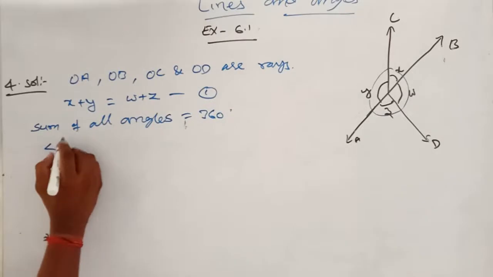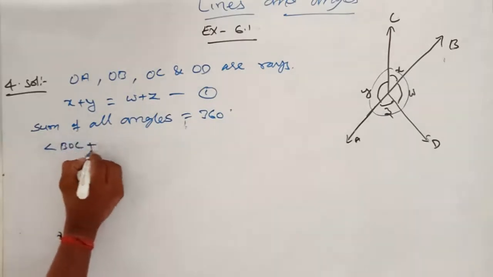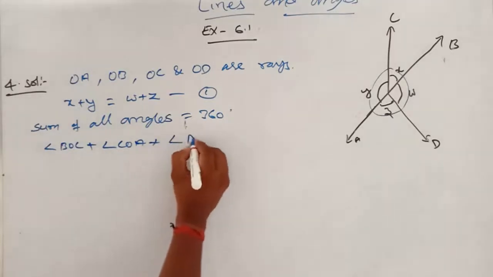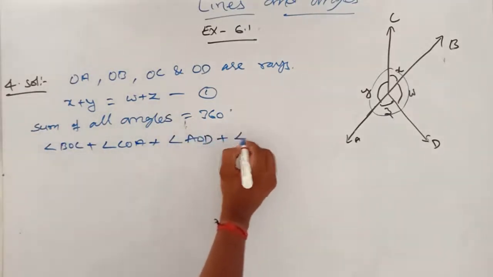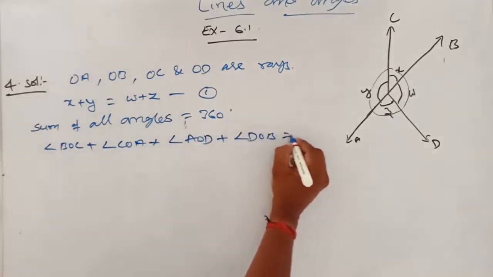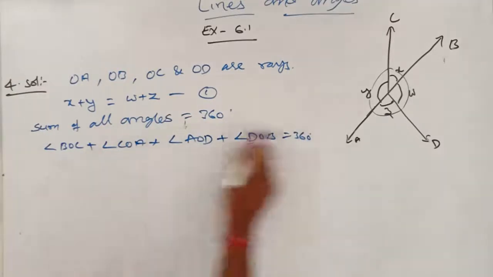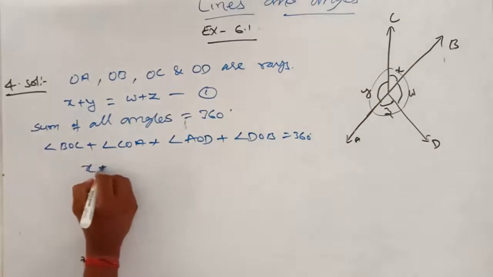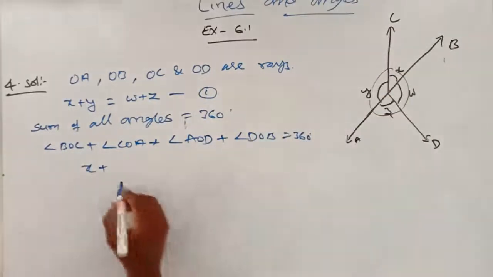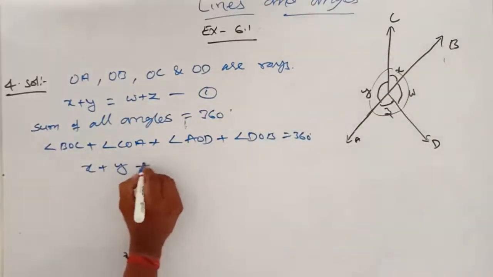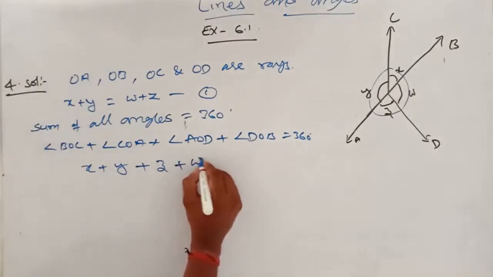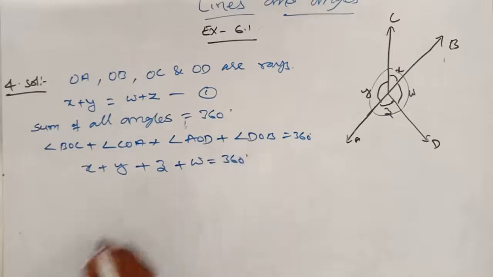That is angle BOC plus angle COA plus angle AOD plus angle DOB is equal to 360. BOC is x, AOC is y, so x plus y plus z plus w is equal to 360.